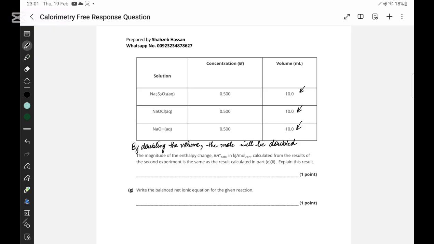And if moles are doubled, it will double the amount of energy produced.